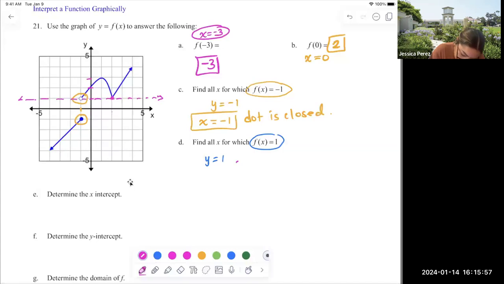So right here, that's where it clicks, because remember, an open dot does not exist. So your only function would be at x equal 2, because that's when it's closed. See how it's touching that function right there?